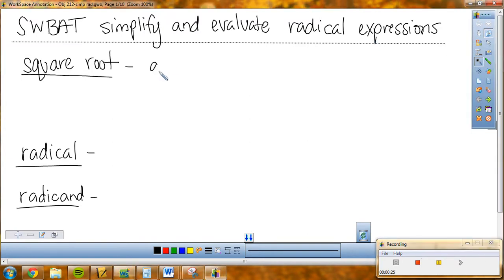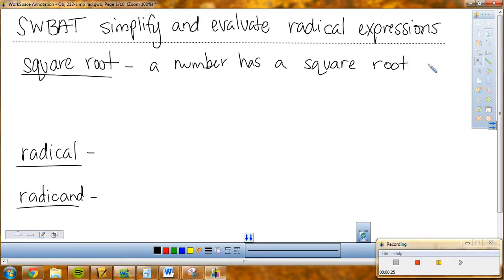Right, so a number has a square root if it is the product of two of the same number.